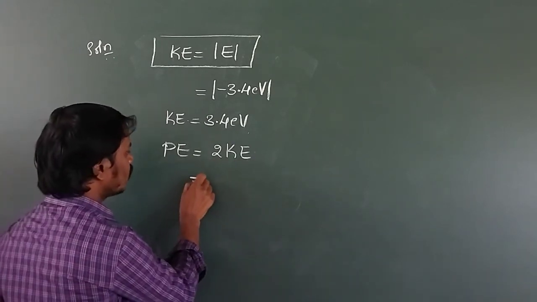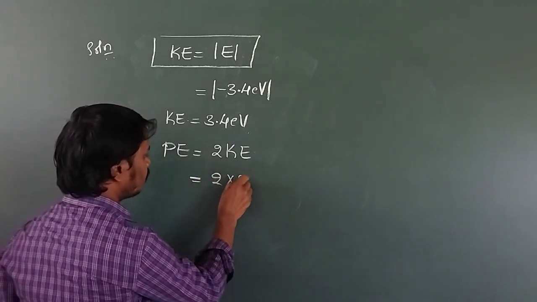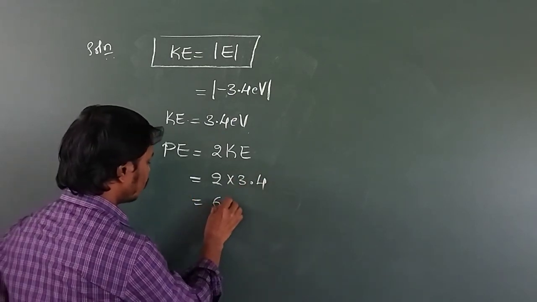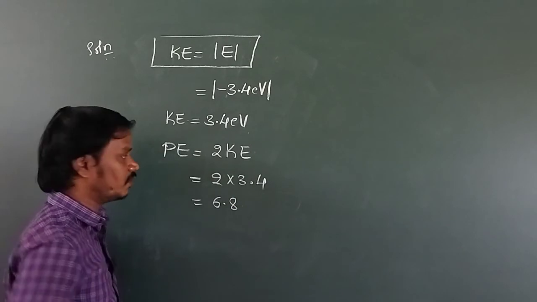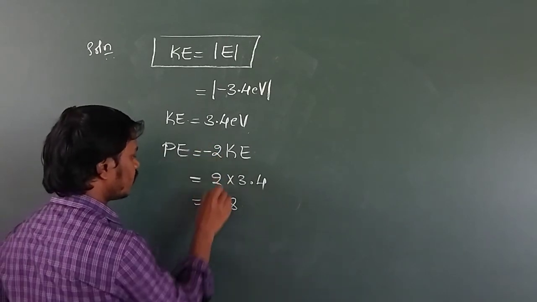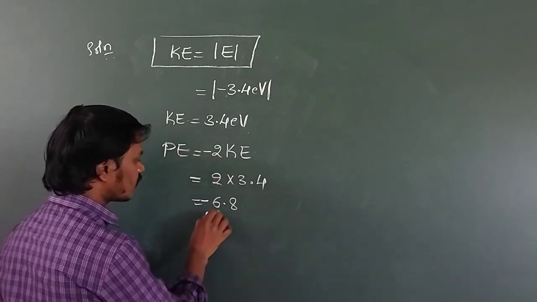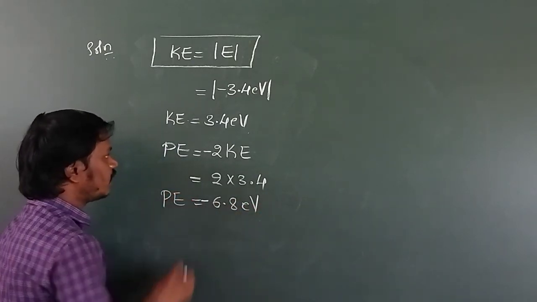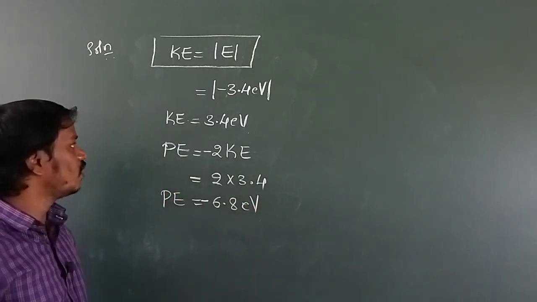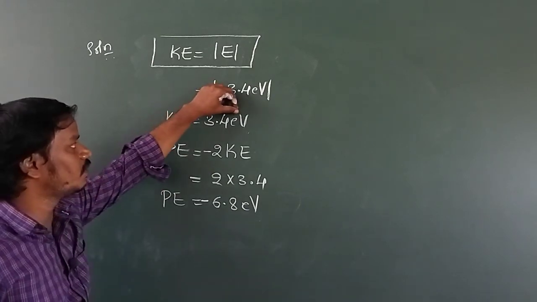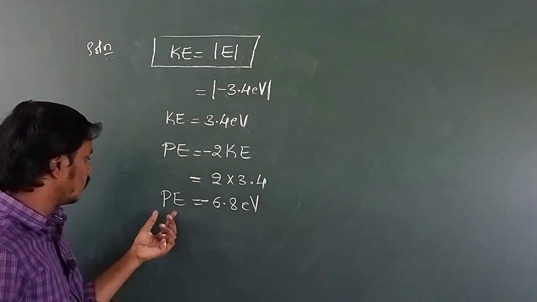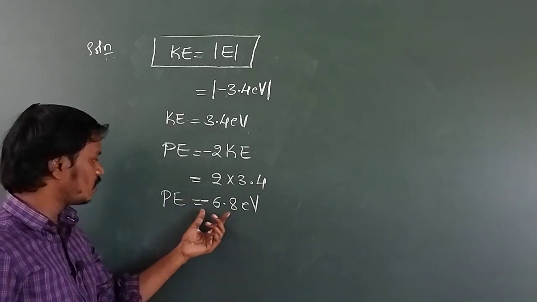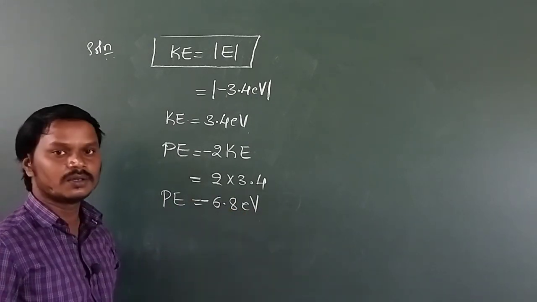Now 2 into 3.4, that is 6.8. But potential energy is negative, that is why minus 6.8 electron volt. So the kinetic energy of the electron in the given orbit is 3.4 electron volt, and the potential energy is minus 6.8 electron volt.